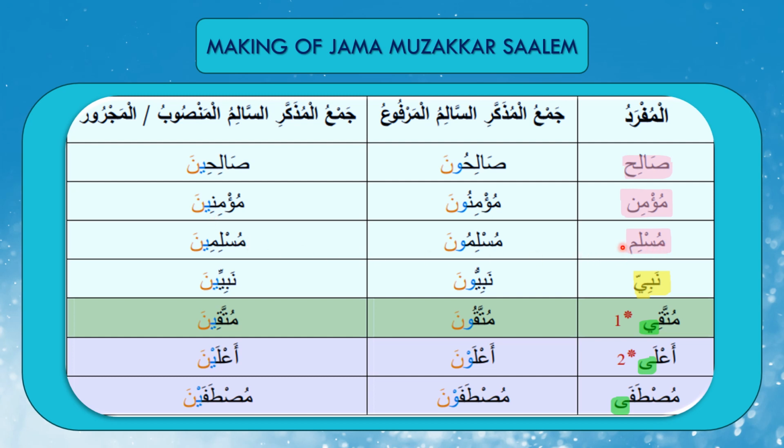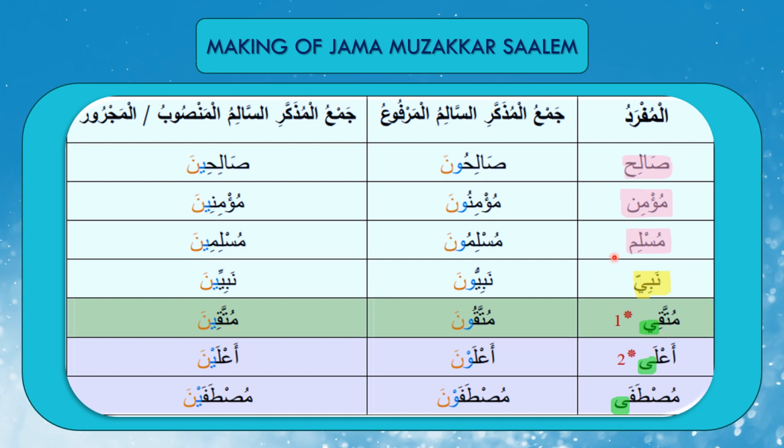Similarly, Muslim goes with the waw and the last letter mim will have a dhamma. So it becomes Muslimun in marfu and Muslimin with a kasra under the mim in mansub and majroor case, with the long vowel ya and noon as the suffix of jama muzakkar salim.